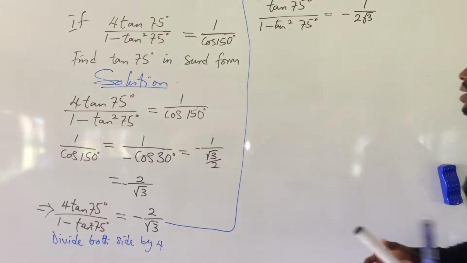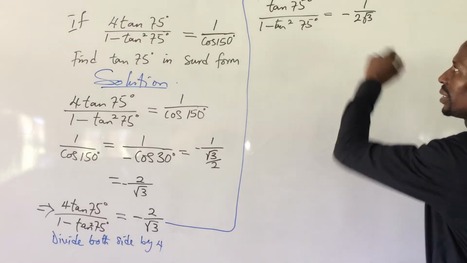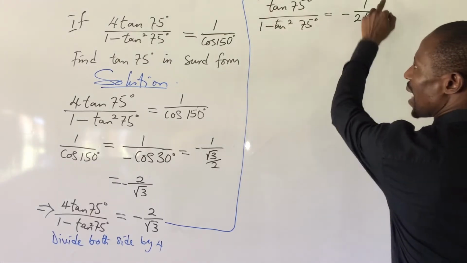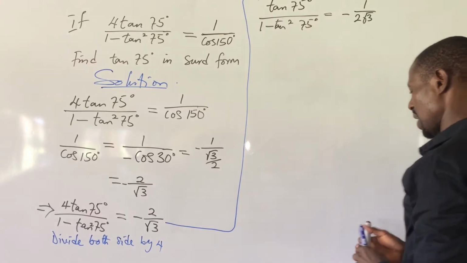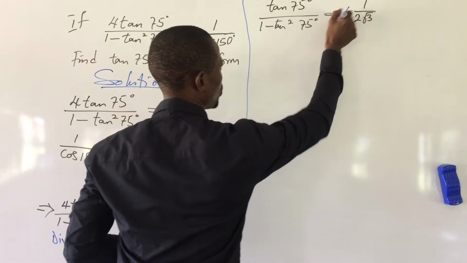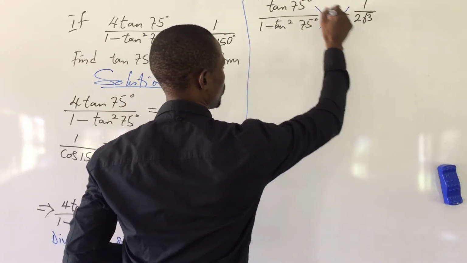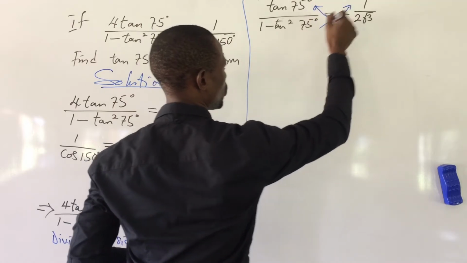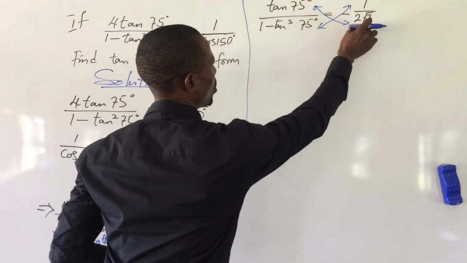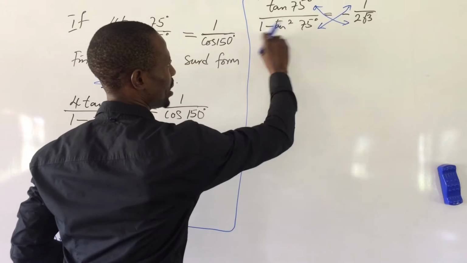All right, now that we have this, we can cross multiply. Let me show this with an arrow movement. So this we multiply, this we go into this. If we cross multiply, 1 we multiply the whole of this.